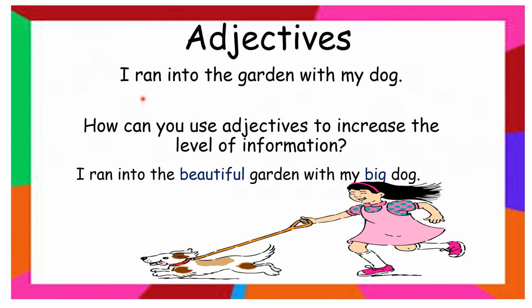Instead of just writing I ran into the garden with my dog, I could write I ran into the beautiful garden with my big dog. This has given us more information about the garden and about the dog. The garden and the dog are nouns because they are the name of a place and an animal.